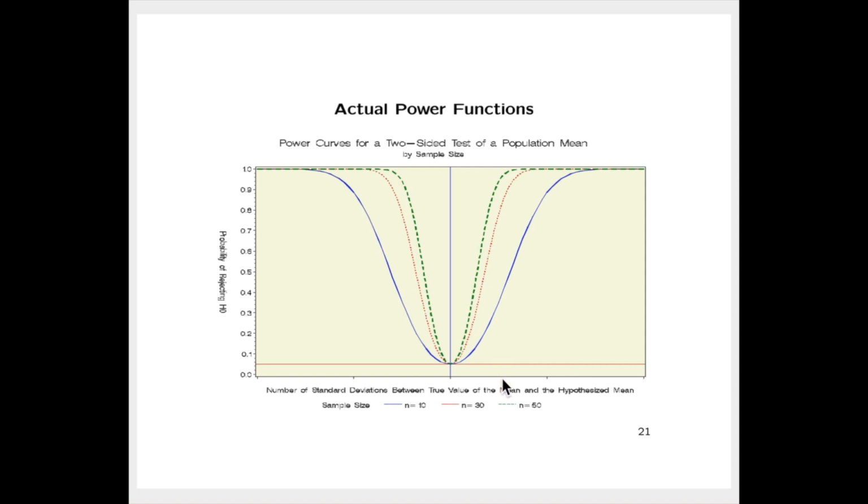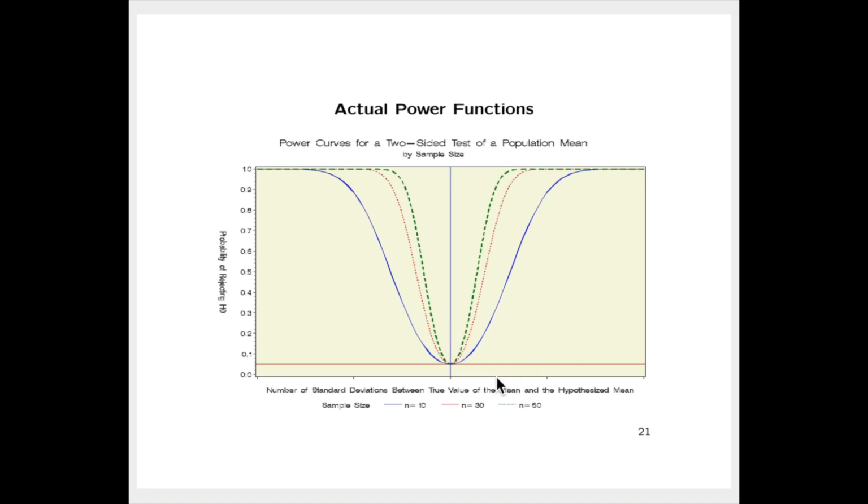If we were to draw a vertical line through that point on the number line, we can see that the power for each of these 3 tests depends on the sample size. So if mu was equal to this value right here on the number line, with a sample size of 10, the power would be approximately 0.38.